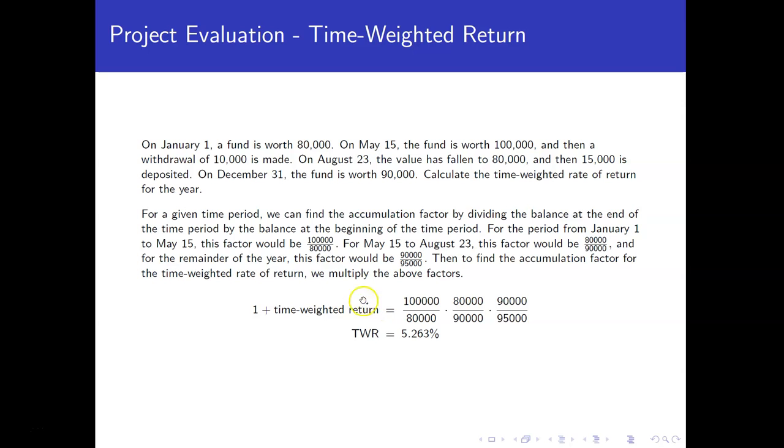That must be the overall accumulation factor, which should be 1 plus the interest rate, so 1 plus the time-weighted return. If you do this calculation, you should get 1.05263. So the time-weighted return, when you subtract the 1, will give you 5.263%.